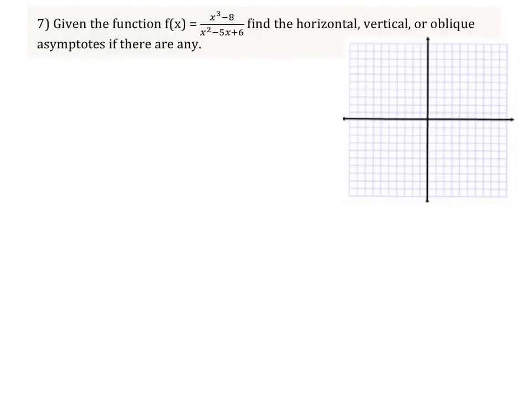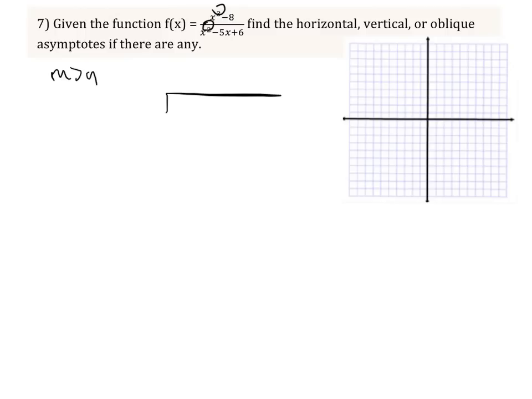Alright, we want to take a function like this and be able to find the horizontal, vertical, or oblique asymptotes, and then graph it. So notice that the power in the numerator is greater than the power in the denominator. So m is greater than n, so we need to do long division.